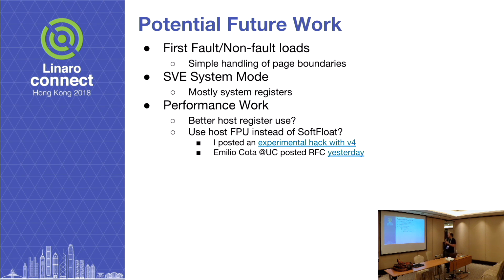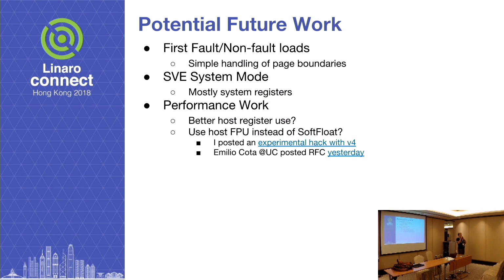Right. So finally, I'll just talk about future work. Obviously, I mentioned the first fault register before. So there's the first fault register and the ability to do non-fault loads. This is a feature of SVE that allows you to handle the cases you get when you get to page boundaries. In a typical system, if you have a mapped page and then the next page is unmapped, you'll get a fault if you run into that page.